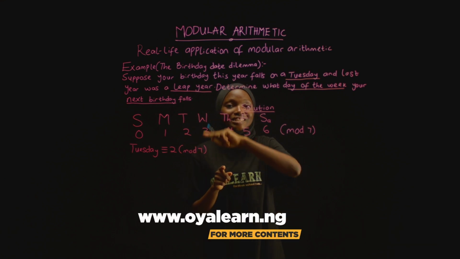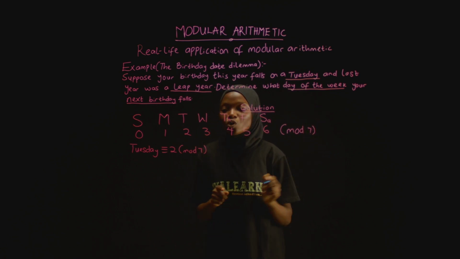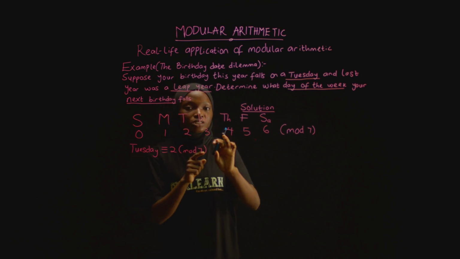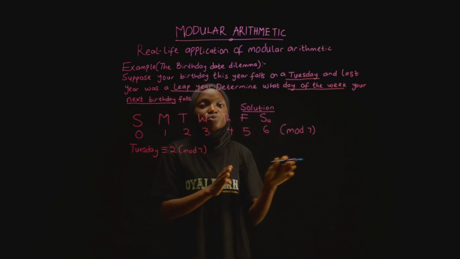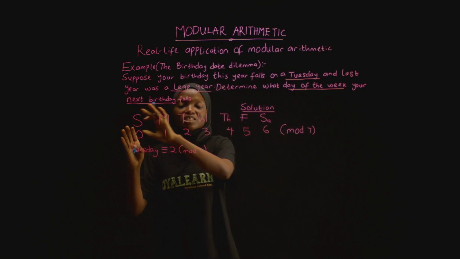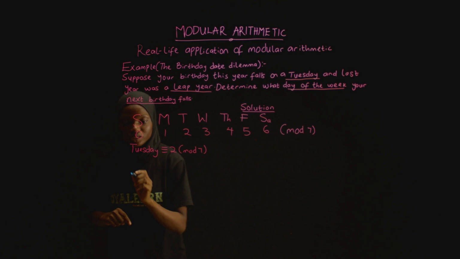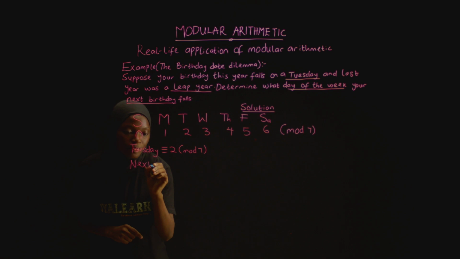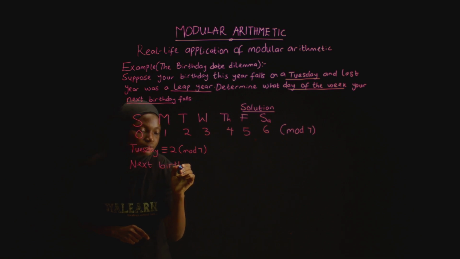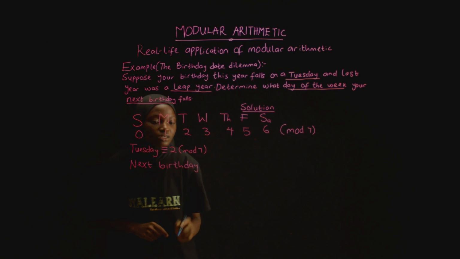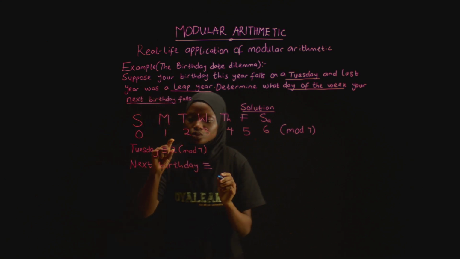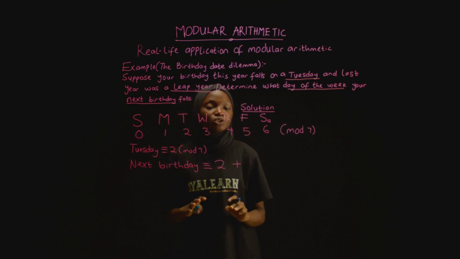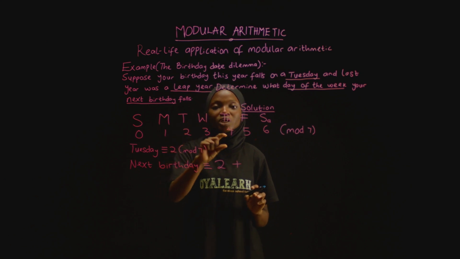So to calculate the day of the week your next birthday is going to fall, we take the day your birthday this year fell plus 365. You find the value in mode 7 and make reference back to the days of the week. Here is what we are saying. Next birthday will be equivalent to 2 plus, because it's not a leap year, it's a normal year, we just have 365 days, and this we use to count the number of days.